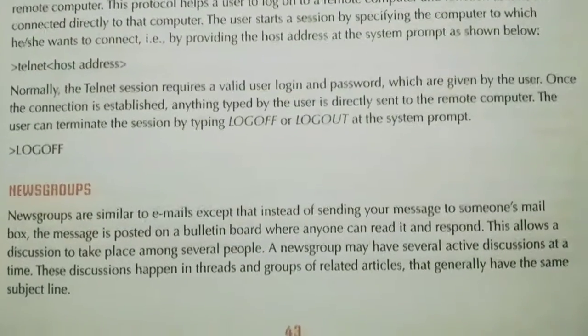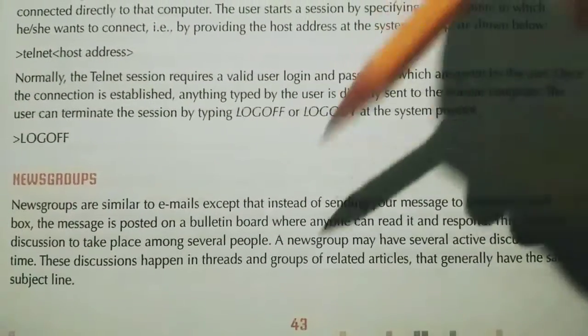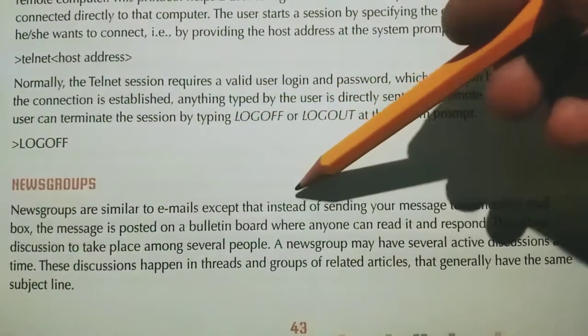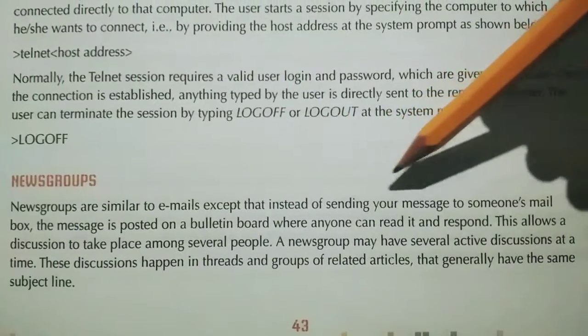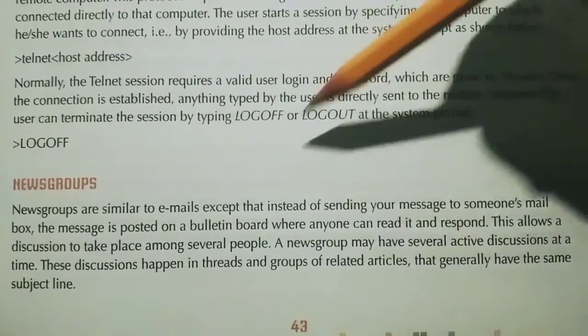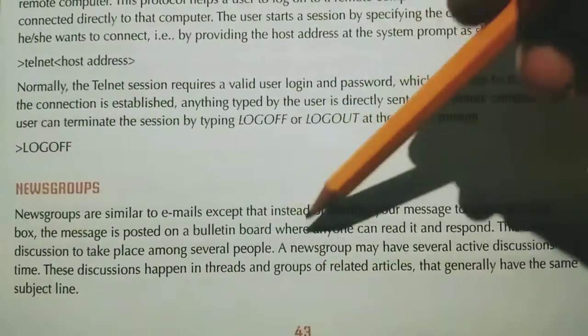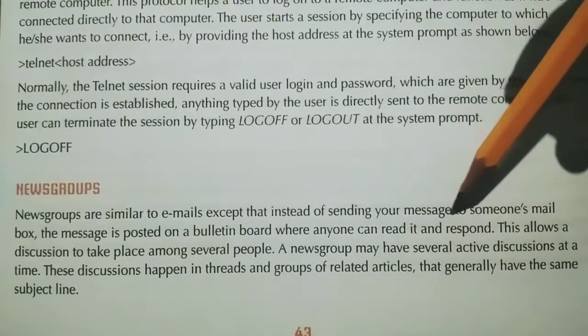Next is news group. What is called a news group? News groups are similar to emails, except that instead of sending your message to someone's mailbox, the message is posted on a bulletin board where anyone can read it and respond.